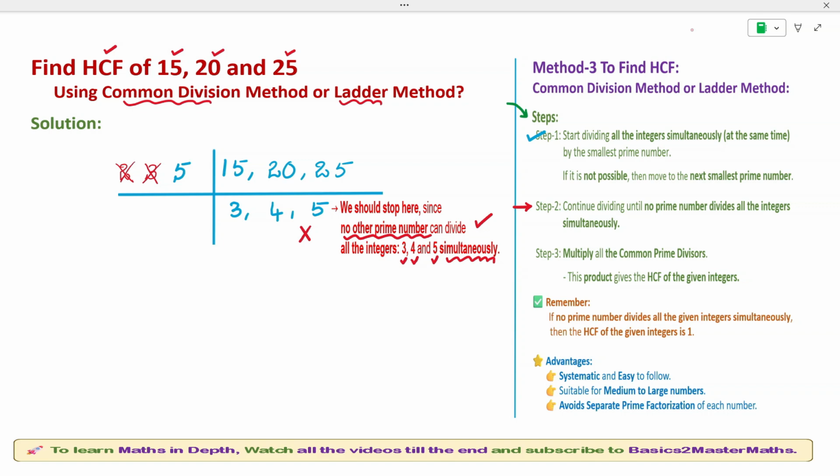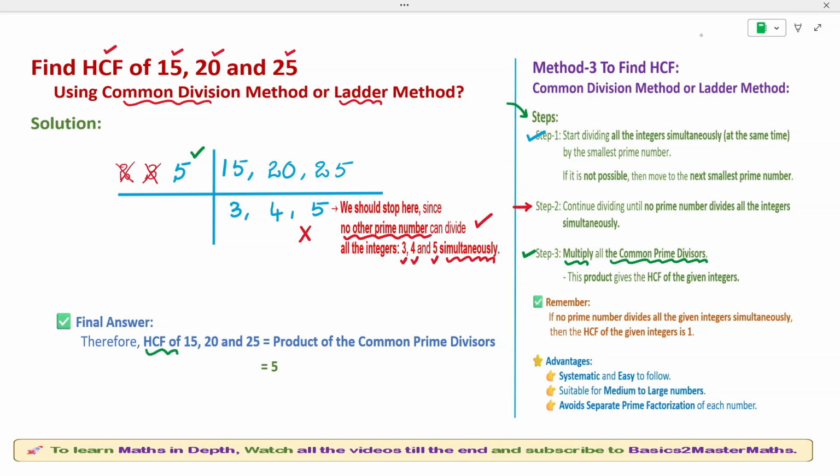Got it? Step 3. Multiply all the common prime divisors. In this case, we have only one common prime divisor, that is 5.